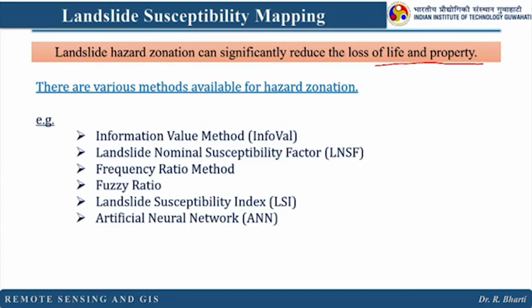Here you may use the information value method, landslide nominal susceptibility factor, frequency ratio method, fuzzy ratio, landslide susceptibility index, artificial neural network, or support vector machine. There are many different methods. If you are interested in working in this particular area, you can refer to several works which are available in different journals, and maybe you start following them.